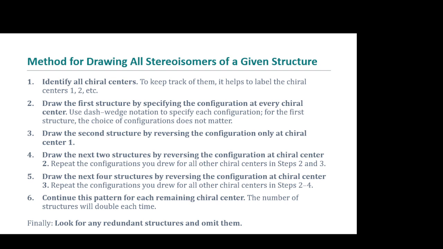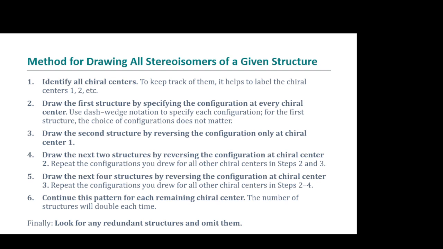Number 3, we're going to draw the second structure by reversing the configuration only at chiral center 1. Number 4, we'll draw the next structure by reversing the configuration at chiral center 2. We're going to repeat the configurations you drew for all other chiral centers in steps 2 and 3 here as well. So 5, draw the next 4 structures by reversing configurations at chiral center 3, repeating those configurations.